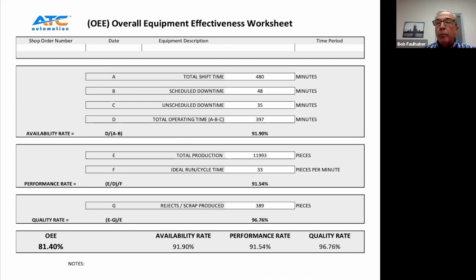Now we'll come up with a number, and let's say it is 81.4, and we want this number to be 85. Now we have to drive down to where are the assignable causes? What caused this end of line number to be 81.4%? So now what we will need to do is to find the OEE of each of the individual stations.